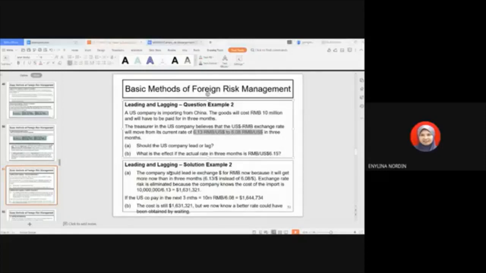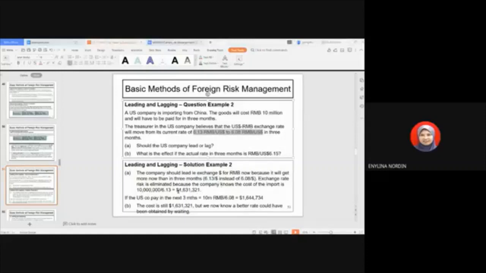Now, we have identified that the strategy that should be adopted by the US company is the leading strategy. So let's say the US company pays now, that means we pay at 6.13 RMB per dollar, in order to eliminate the potential risk from the exchange rate.